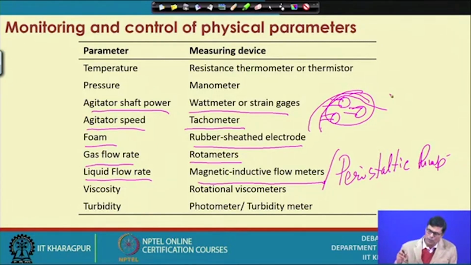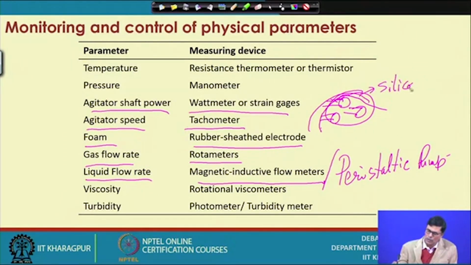What you do, we press it to take the air out, and when we immerse it in the water and release it, then with the vacuum the water will suck into the tube. So when this shaft moves, it presses this tube. This is mostly made of silicone tube.